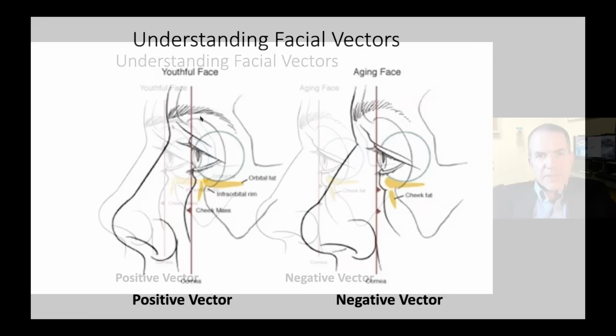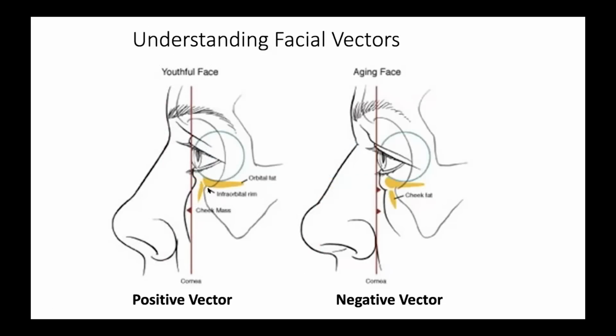This comes into play as we start to think about cosmetic surgery or fillers or Botox, because if we look at our youthful face, we have a pretty prominent, this is our cheekbone and this is our fat, and it's out in front of where the eyeball is, and that's supporting the lower lid really well. But as we get older, this cheekbone is starting to recess in. We're losing the fat, and the cheek is descending.